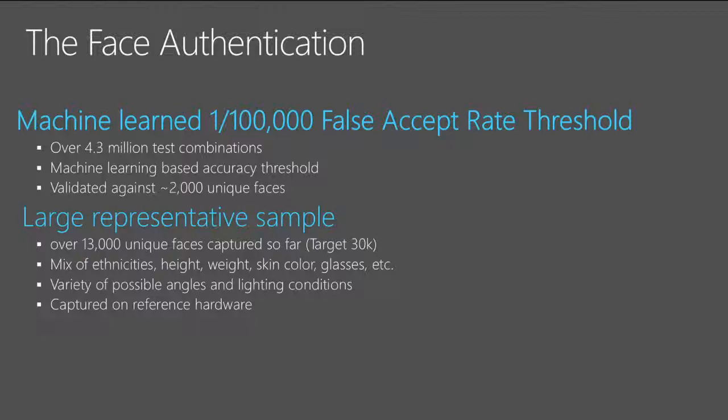How many unique faces do you think we need to claim 1 to 100,000? Any number? Any idea? I have the answer here on the slide. I know that you're reading, so please don't. So approximately, to prove a 1 to 100,000 false acceptance rate, you need from 2,000 to 3,000 unique faces.